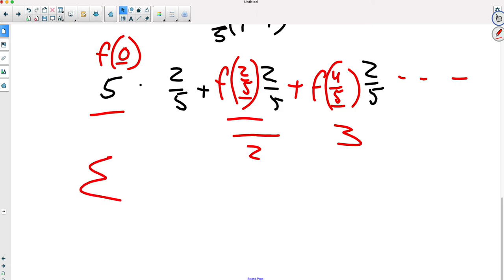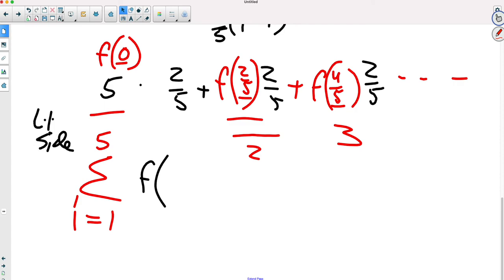So here's how we set up our summation. I always start with 1. The top number is how many rectangles you want. For this problem, they tell us 5, so you put a 5 here. And then it's f of, for the left side, it's always going to be your width, in our case 2/5, times i minus 1, in parentheses.